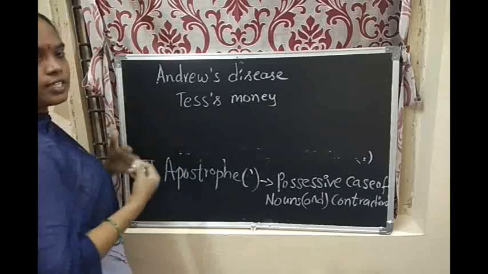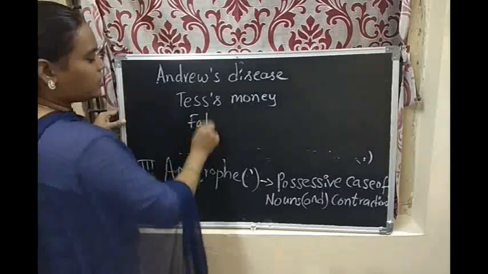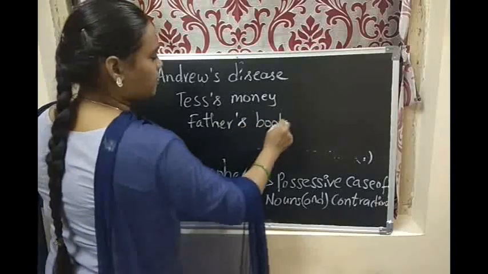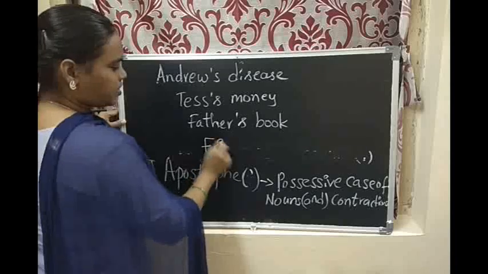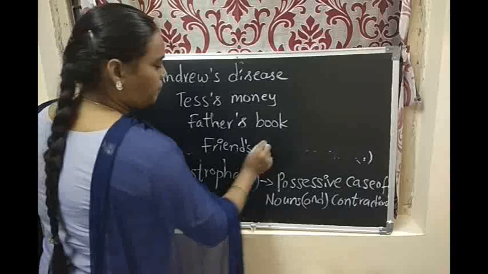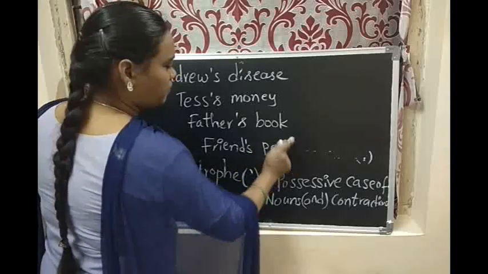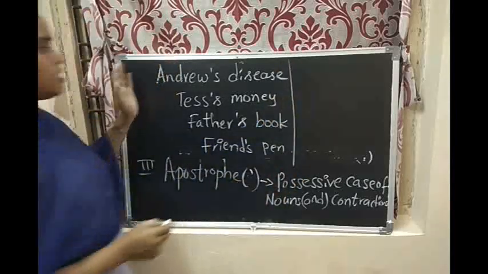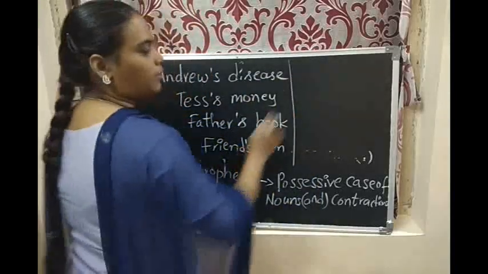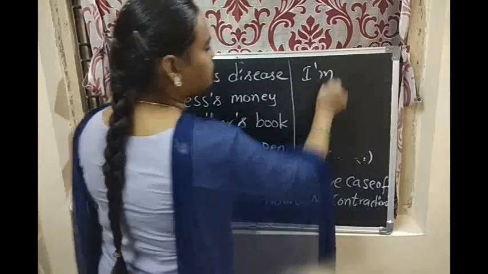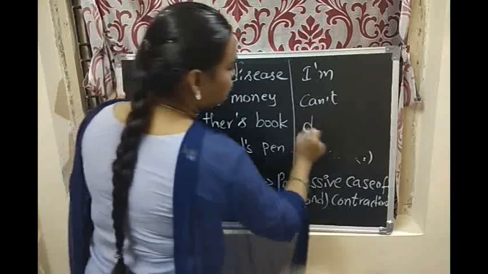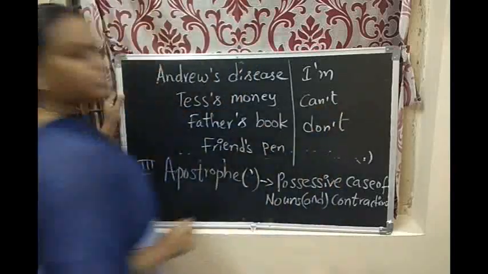In our lives, for example, you can take father's book, friend's pen. So like this. This is about apostrophe. Now contractions: can't, don't. These are the contractions.